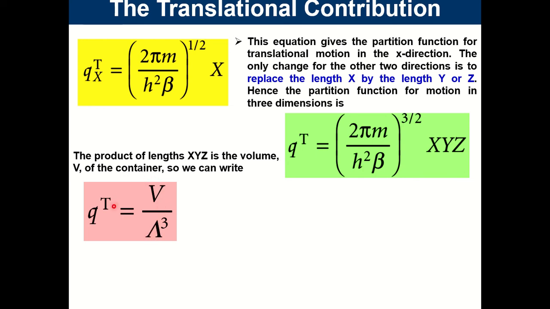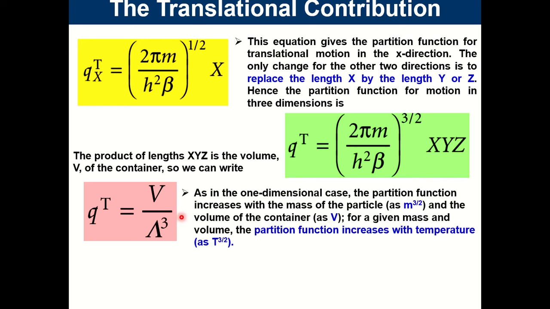So you remember the translation partition function, the denominator and numerator look like a mirror image of each other, with the difference that this is a power raised to power 3. So V by lambda cubed, that's the partition function for translational motion.